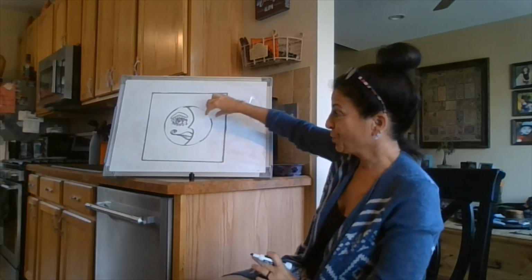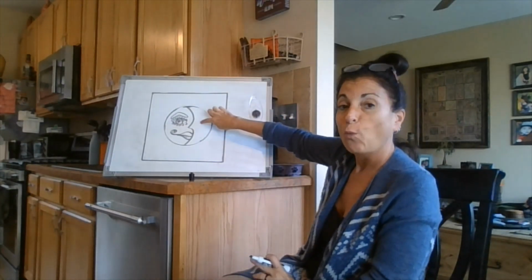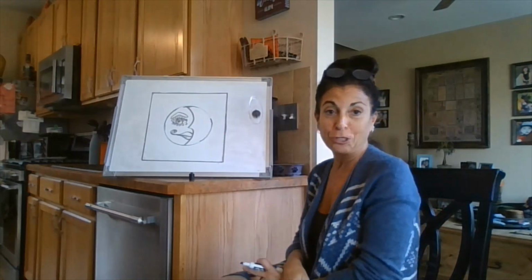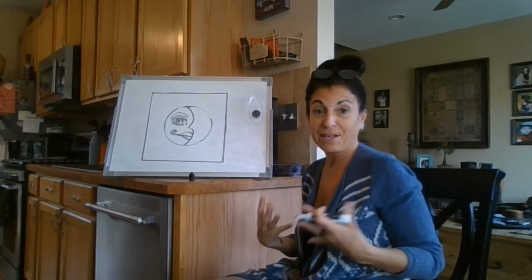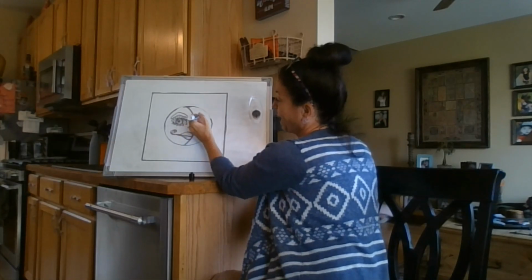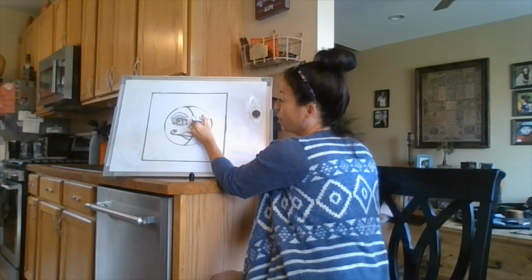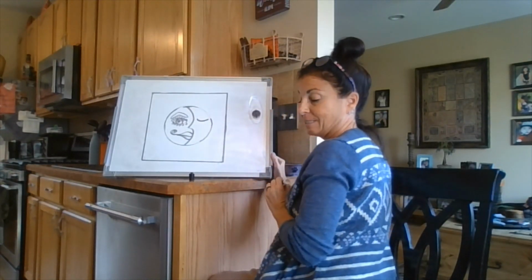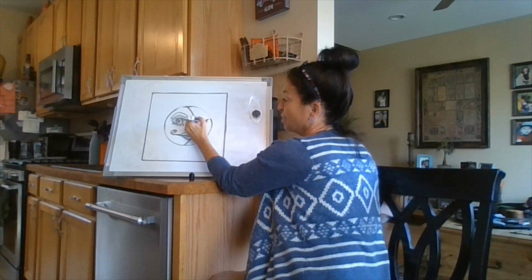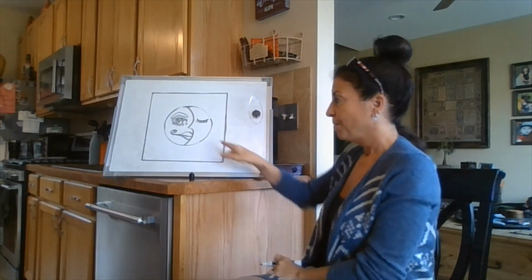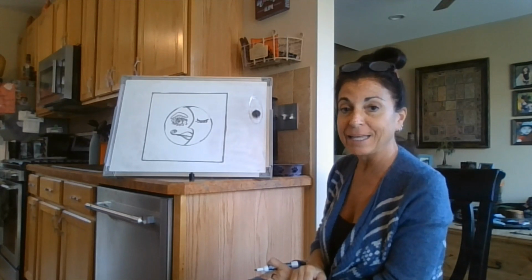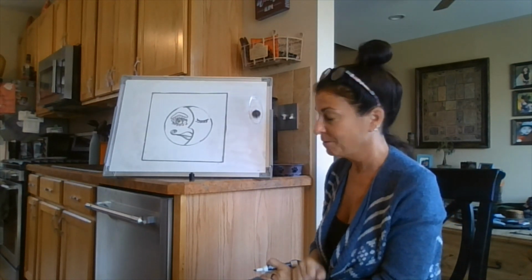Now, contrasting on this side, we want to make our moon look like she's sleeping. So I am going to draw an eye just with a lower arch like this and the eyelashes. So it looks like the moon is sleeping, her eye is closed.